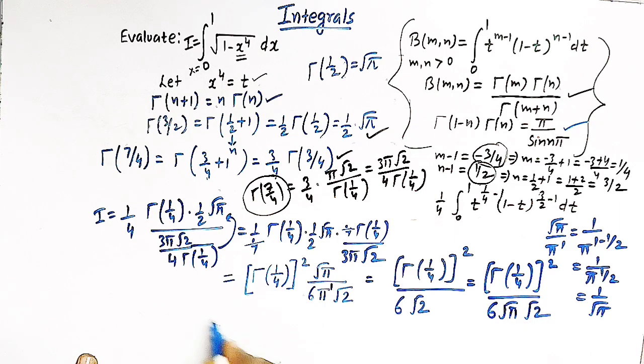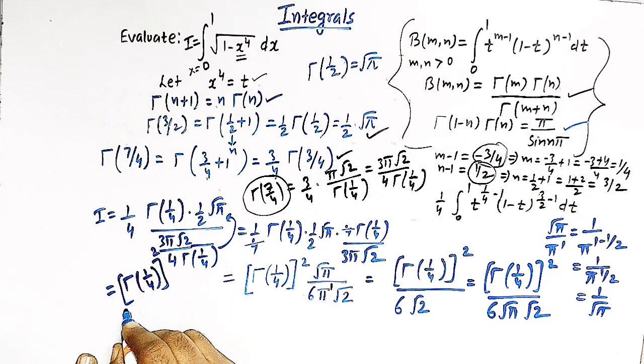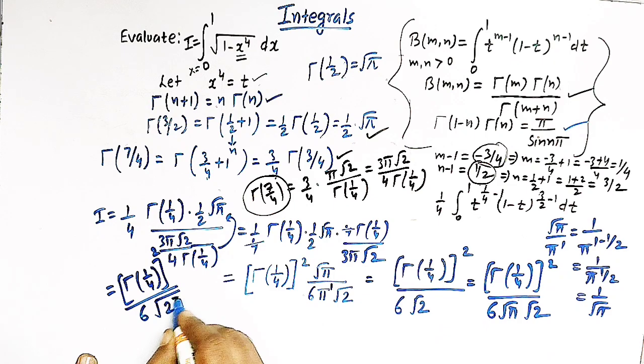So now we can combine these two terms, because here we have square root, here also we have square root. So we can now write gamma 1 over 4 square, and then we have 6 times square root of 2 pi.